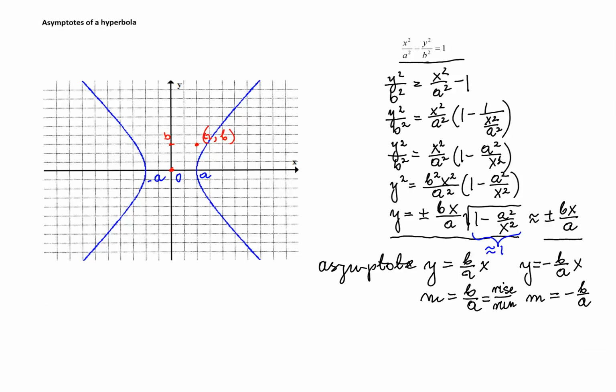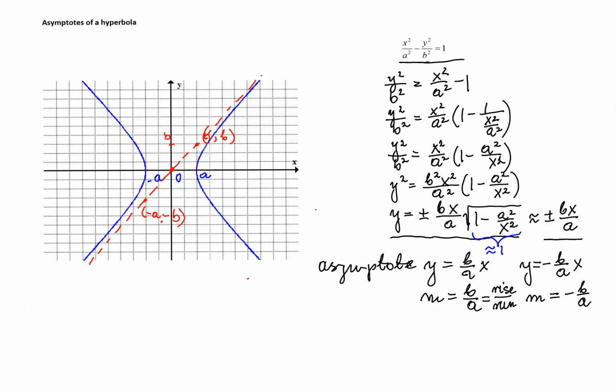Notice that a is the x-coordinate of the vertex, and the line is going to pass through those two points, (0, 0) and the point (a, b). On the other side, we'll get a point on this line. The point is going to be (negative a, negative b).